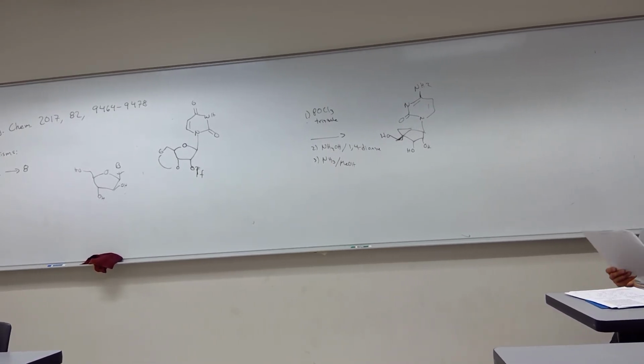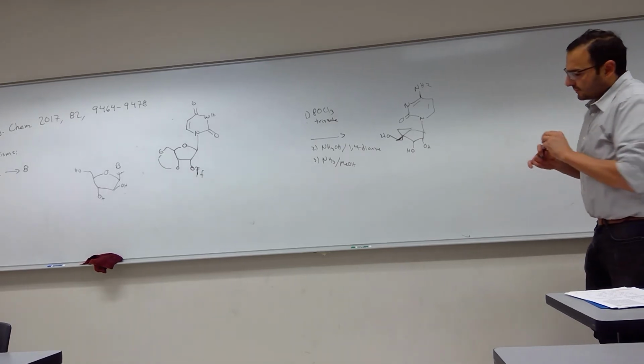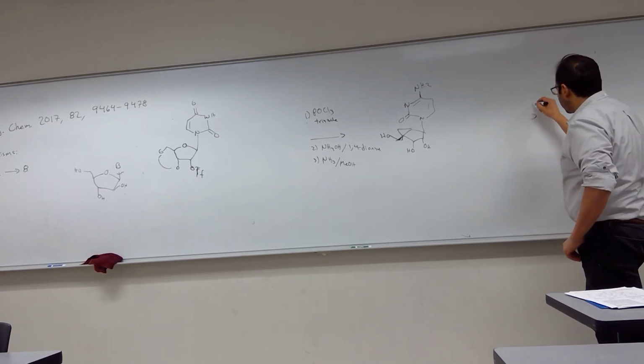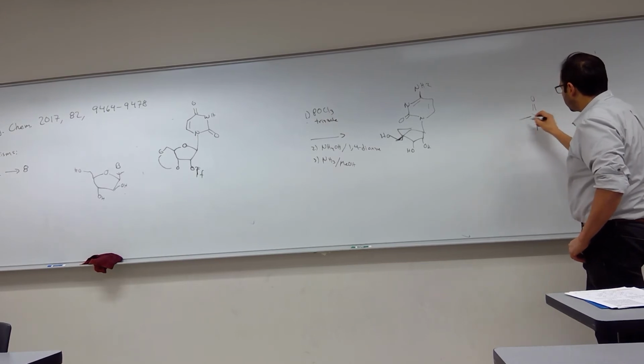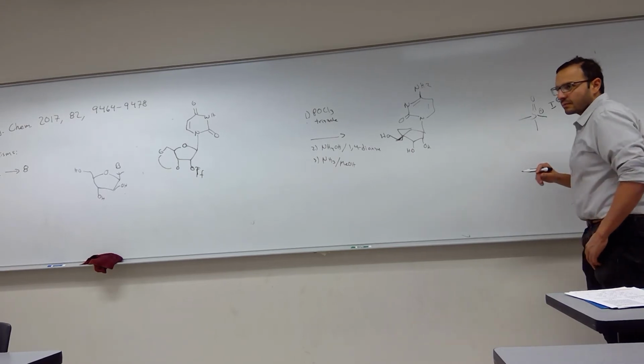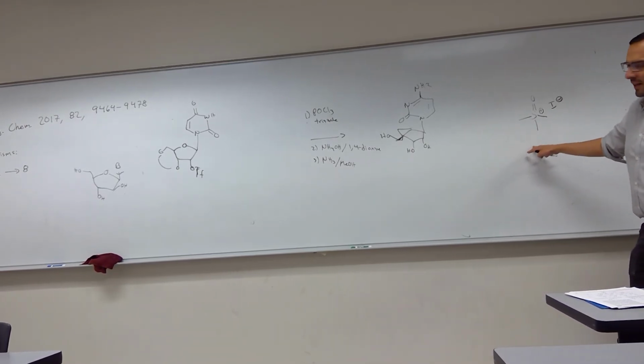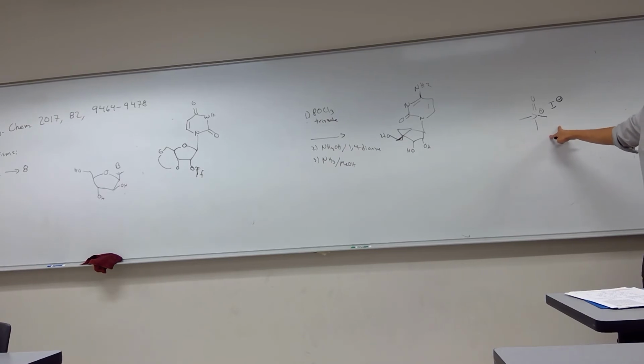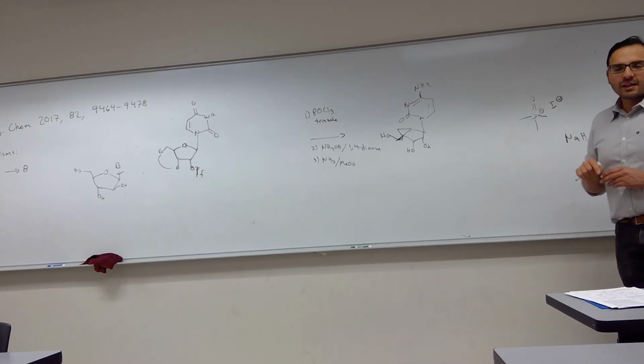Yeah, so let's work on those two mechanisms. Propose a mechanism for 12 to 13, and then a mechanism for 13 to 14, where the trimethylsulfoxonium iodide is like this. And the key there is that there's going to be a deprotonation. You have sodium hydride. Sodium hydride is deprotonating what? How do you get the epoxide?